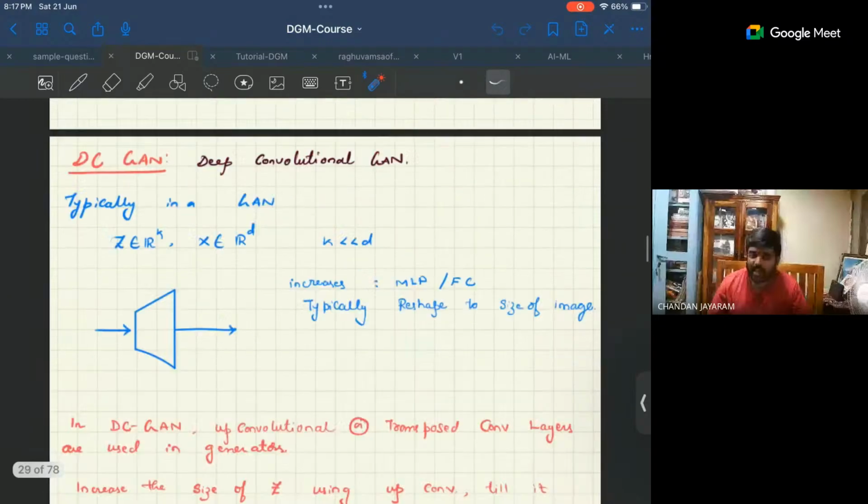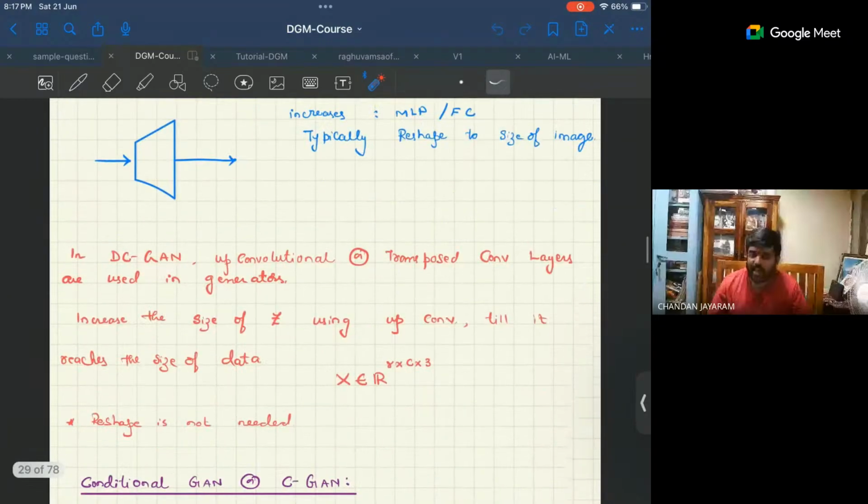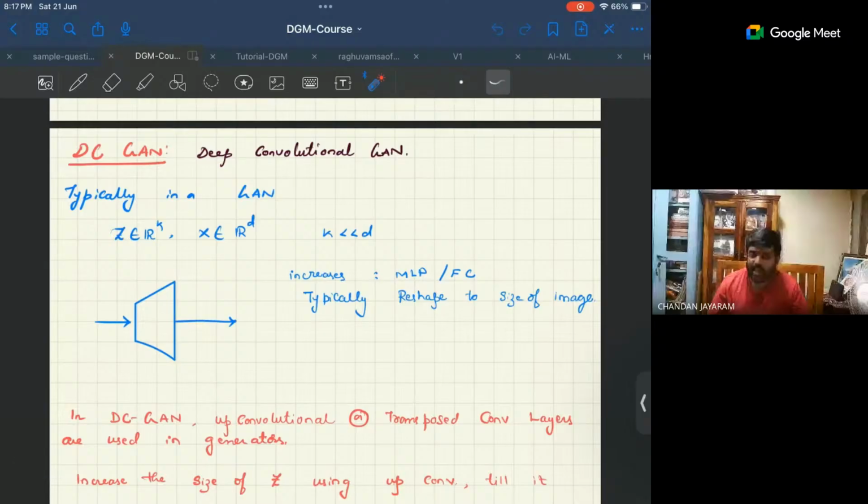So the next idea that we have is DCGAN. In DCGAN, as I told you earlier, the idea is: why use MLP? Rather than using MLP, we use an idea called transposed convolution layers. Using the transposed convolution layers, we will be performing the upsampling. Why is this?